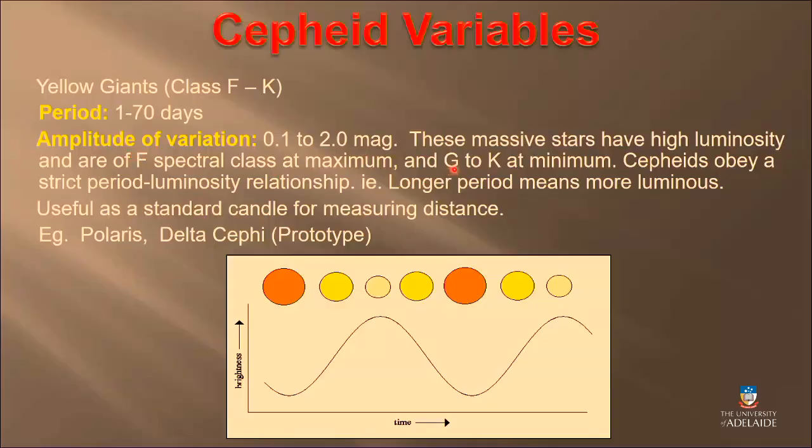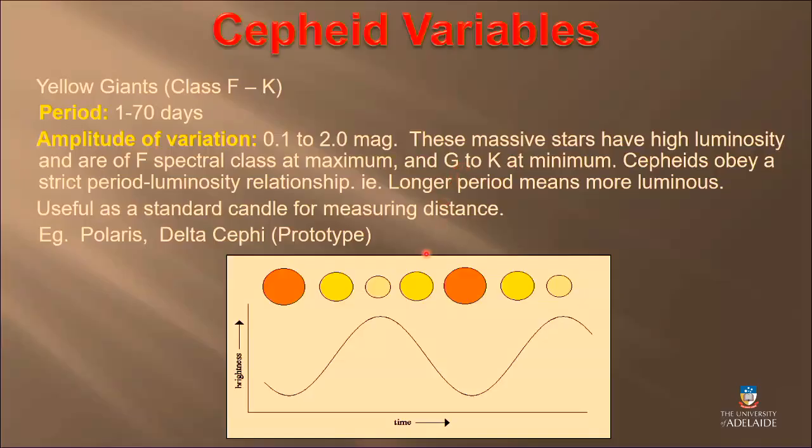And they obey a very strict period-luminosity relationship. The longer the period, the more luminous the star. Because they have this strict relationship, they're very useful as standard candles for measuring distance.